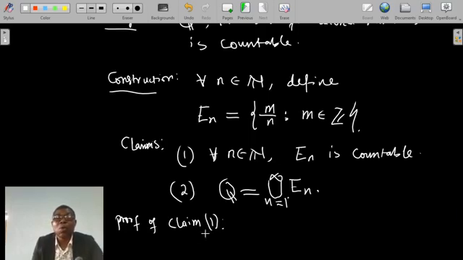So we want to show that for each n in the set of natural numbers, En is countable.